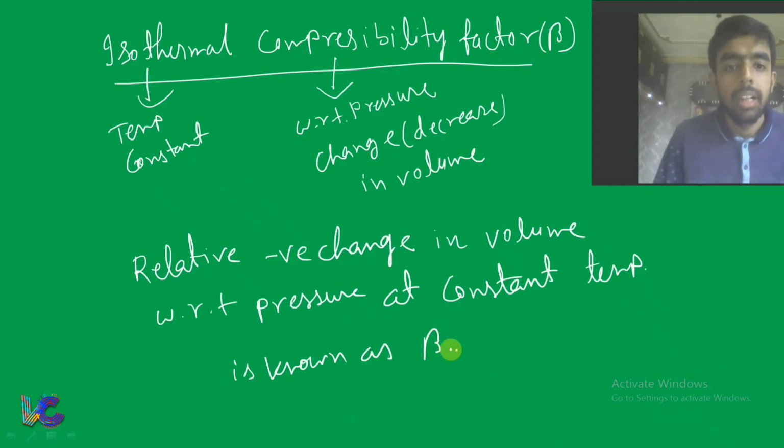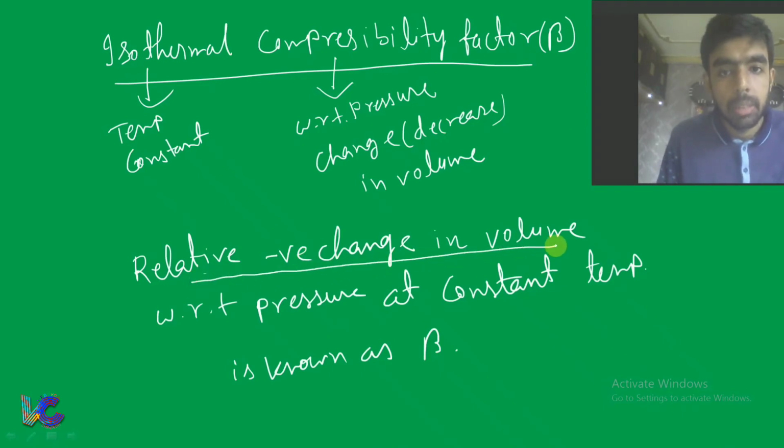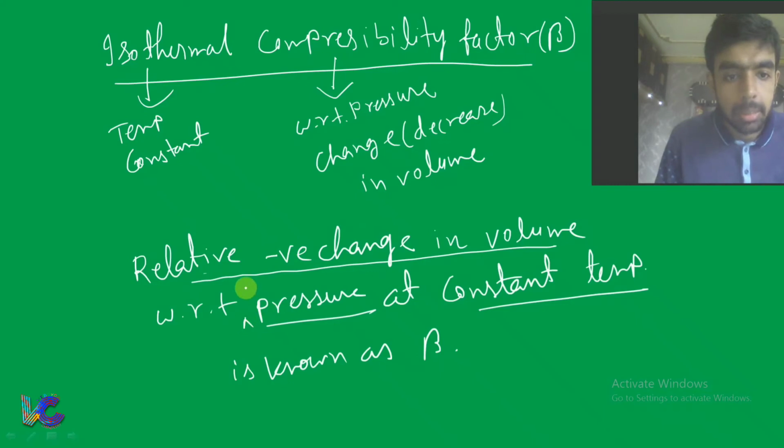So what is beta? Beta is the relative negative change in volume with respect to pressure at constant temperature. So three terms here are important: relative negative change in volume, with respect to change in pressure, at constant temperature.